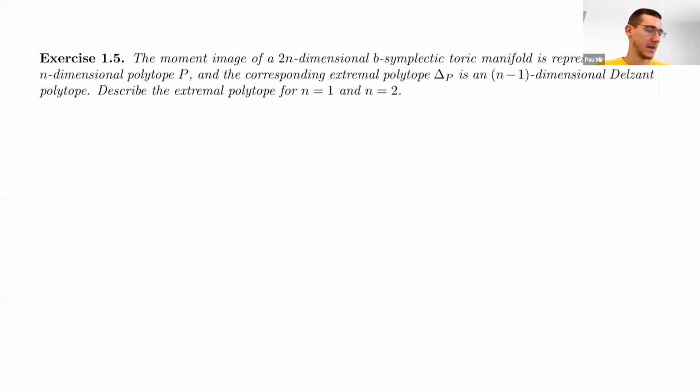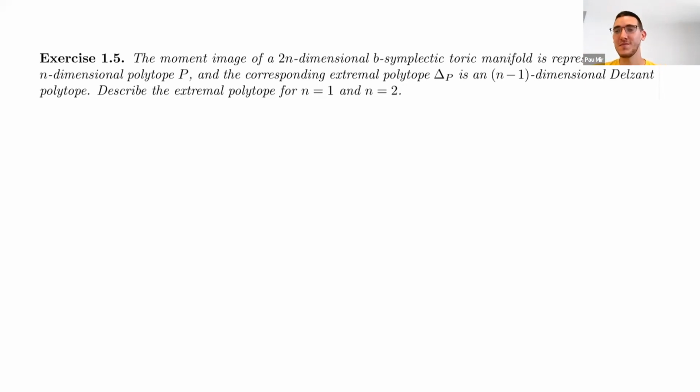So exercise 5, in fact, I will share screen and I say that exercise 5 and exercise 6 are really connected, because in number 5, which is this one that you can see on the screen, we ask for the description of the external polytope of a b-symplectic toric manifold for the lowest dimension cases.